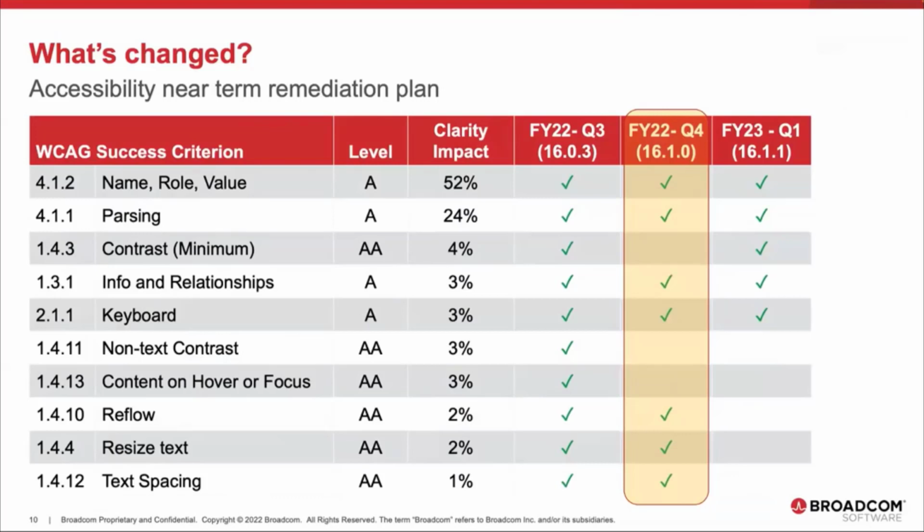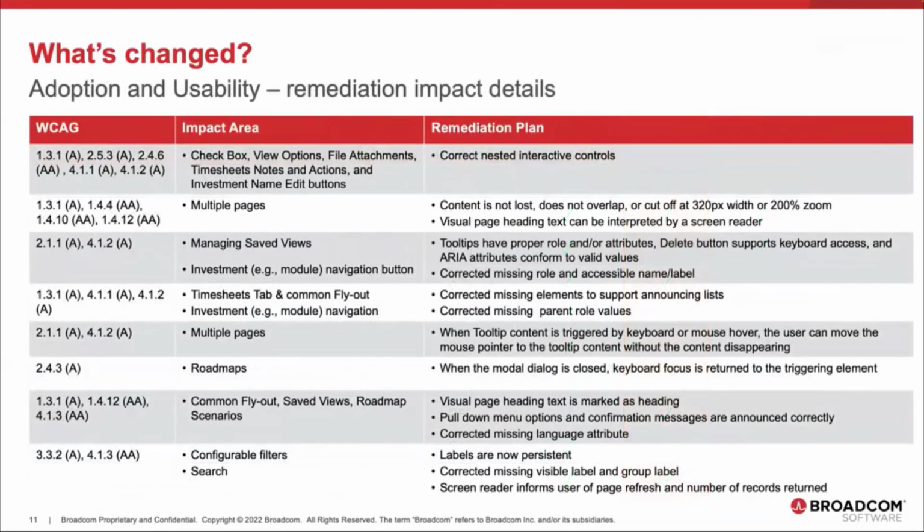Of course, an accessibility program is never truly complete, but this table captures the near-term remediation plan from an accessibility perspective for each of the impacted WCAG success criterion. So as mentioned, this release includes updates across multiple success criterion, and remediation for a given impact area spans multiple success criterion as well.